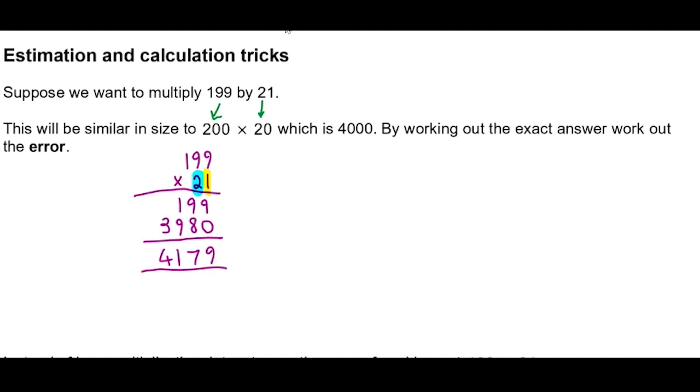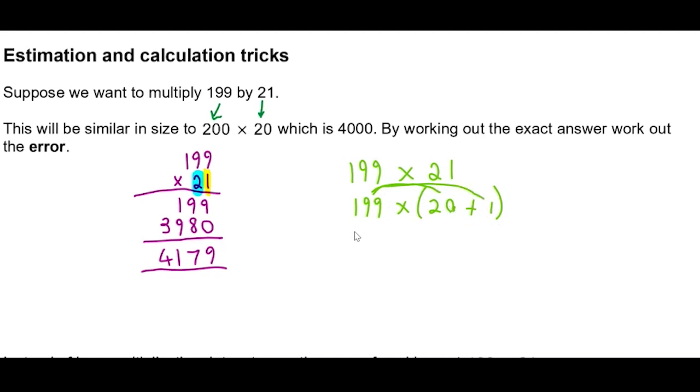Right, just again, to understand why that actually works, what we're doing is we're multiplying 199 by 21. But in fact, that is 199 by 20 plus 1. And we know from the distributive law of mathematics that this 199 needs to multiply by 20, and it needs to multiply by 1.